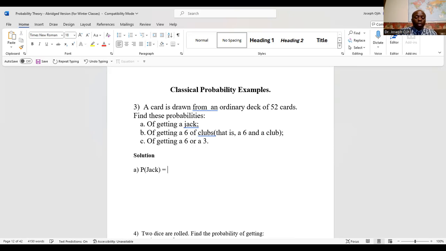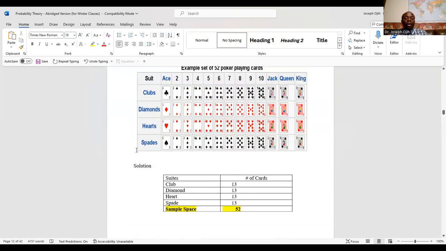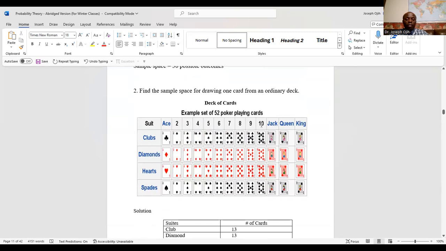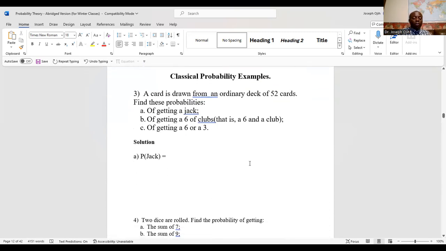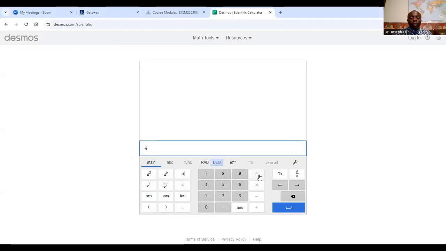So equal. Now you go to the chart. How many jacks do we have here? See, this is jack right here. So you have 4 jacks, 1, 2, 3, 4. So the probability of getting a jack is 4 out of 52 cards. So we got 4 divided by 52, 0.0769, it continues.